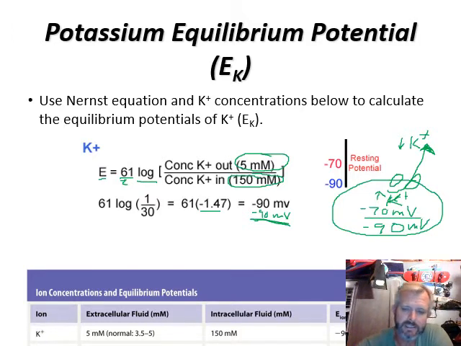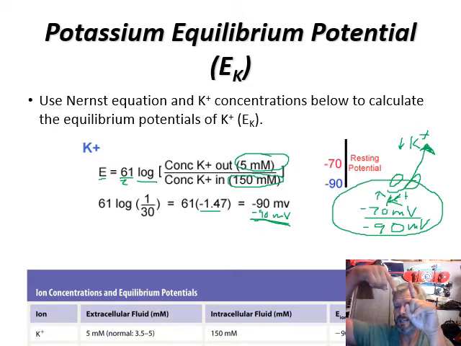Remember, the concentration gradient is saying potassium, go out. Electrically, though, what is potassium? Potassium is a positive. And what's happening inside the cell? It's becoming more negative. Will negative attract positive? Yeah, at a certain point that negative force is attracting that positive potassium.